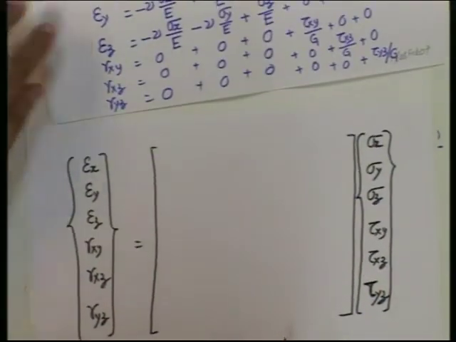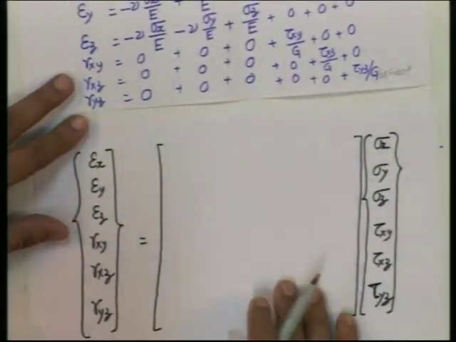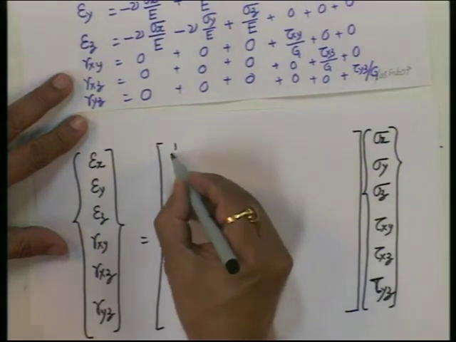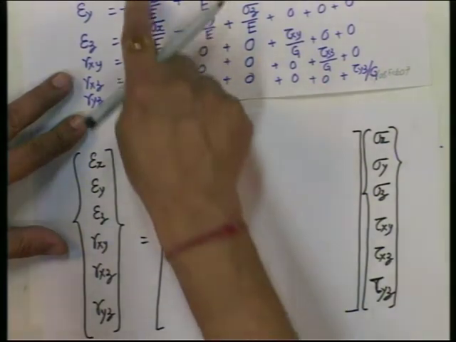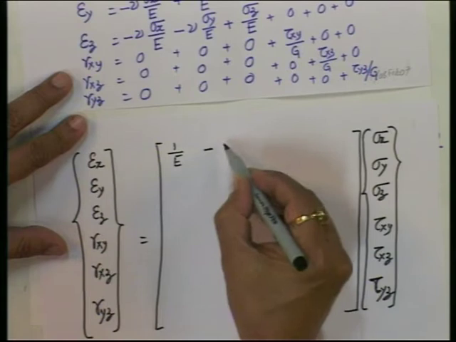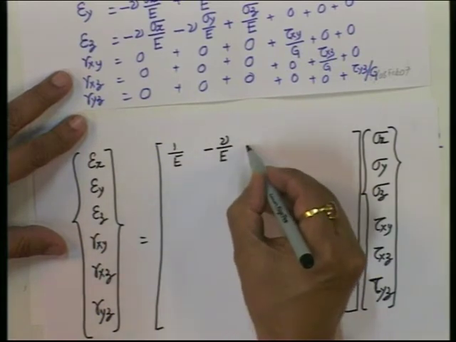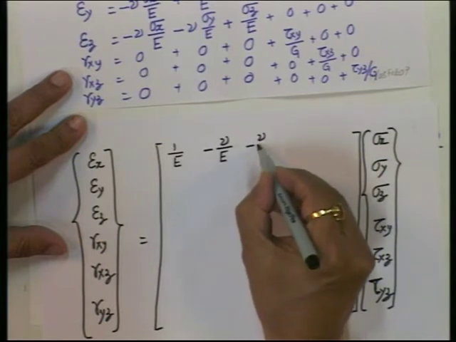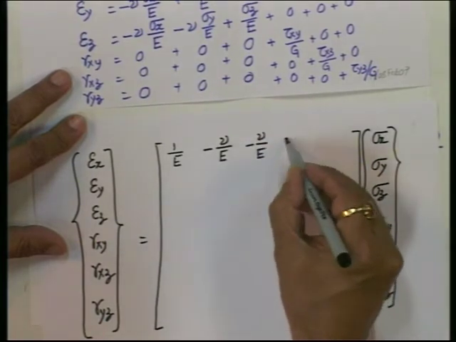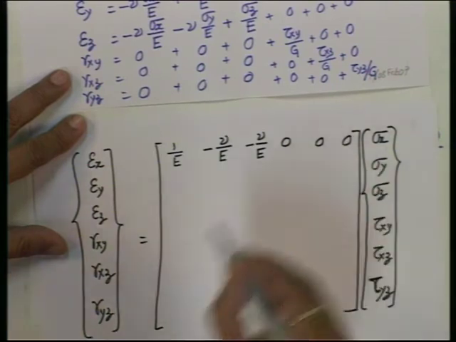So, in between, for example, the first row is just 1 by E, minus nu by E, minus nu by E, 0 0 0.